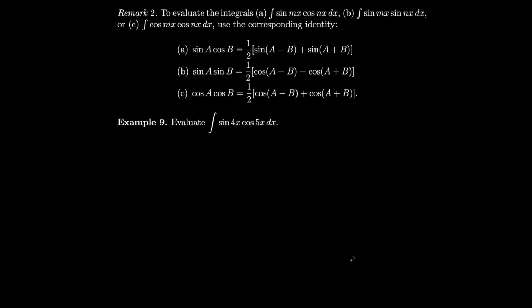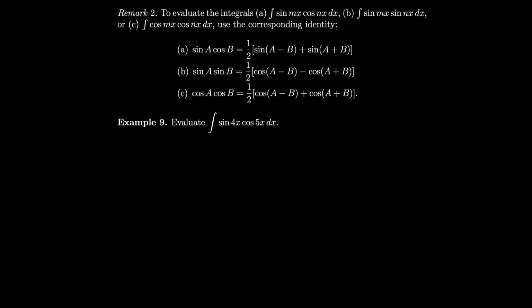Okay, to evaluate integrals of the form sine mx cosine nx, or sine mx sine nx, or cosine mx cosine nx, by mx and nx, I mean that we have something times x, like cosine 4x cosine 10x, or sine 10x cosine 8x.